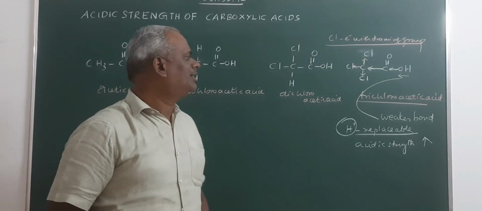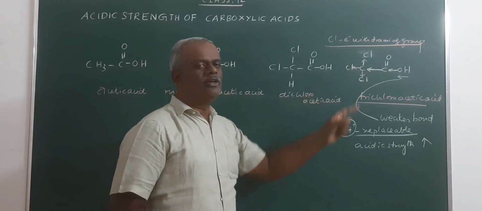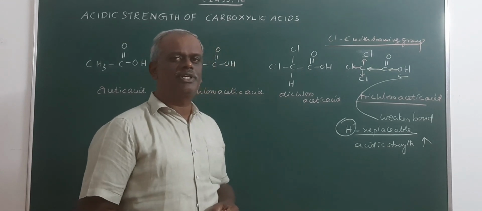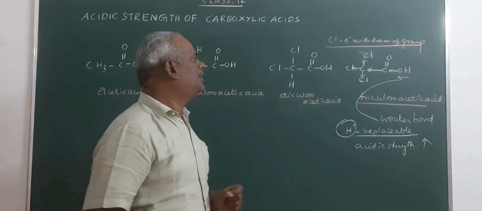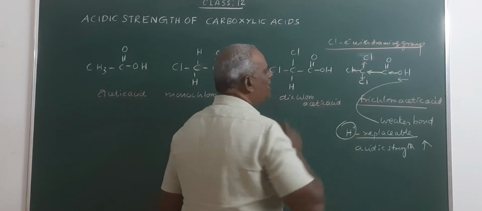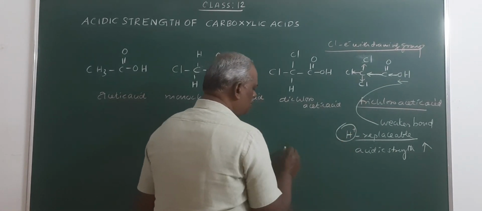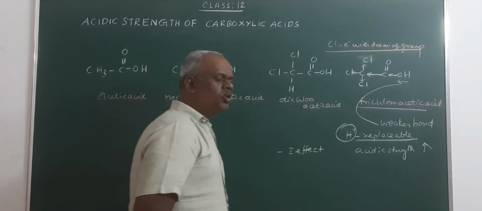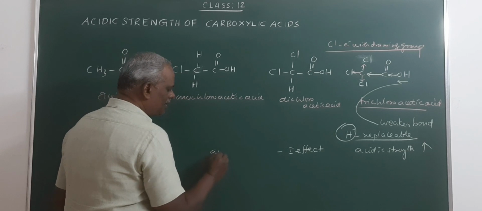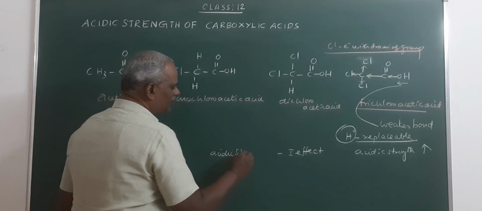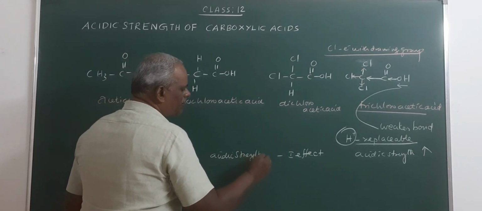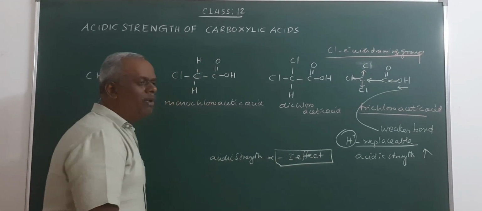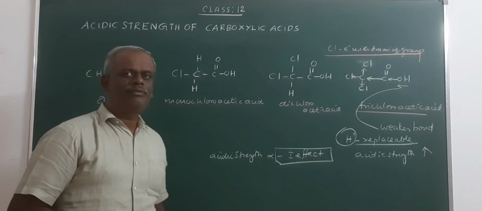Previously, you have studied that when you find an electron releasing group, plus inductive effect, that leads to decrease in acidic strength. But in the present case, the Cl is withdrawing electron. Due to that, minus I effect increases. So once the minus I effect increases, acidic strength increases. So from this we can say acidic strength is directly proportional to minus inductive effect.